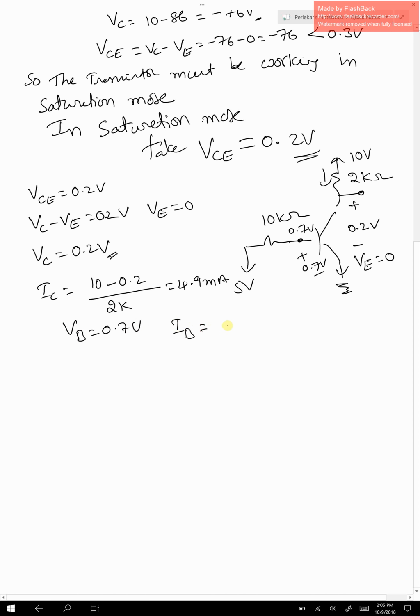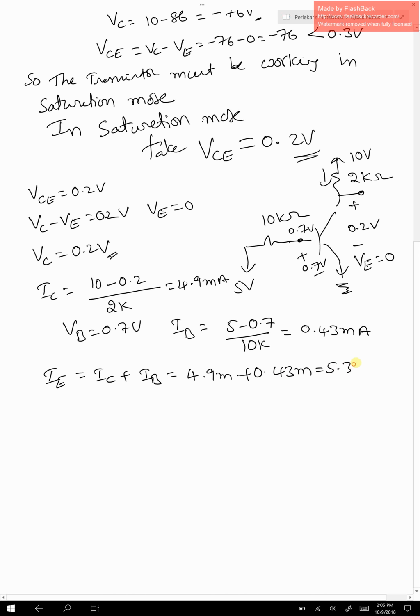So IB must be 5 minus 0.7 over 10 kilo ohm, that is 0.43 milliampere. IB equals 0.43 milliampere, and IE must be equal to IC plus IB, which is 4.9 milli plus 0.43 milli, so we'll end up with 5.33 milliampere. Once you find IC, IB and IE, we can find the beta forced.